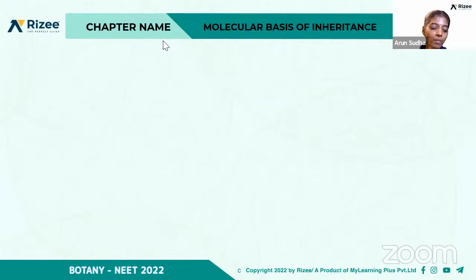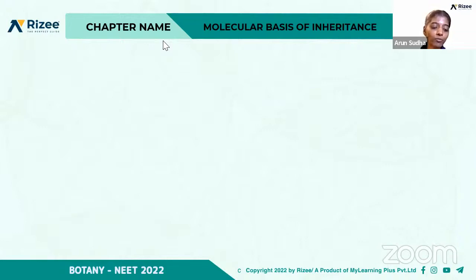Option A, mice survived and showed live S cells; option B, mice died and showed live S cells; option C, mice survived and showed live R cells; and option D, mice died and showed live R cells. B is the right answer. That is, mice died and it showed the presence of live S cells.